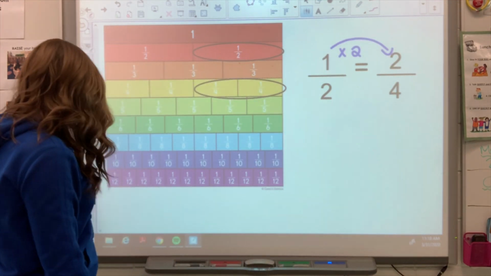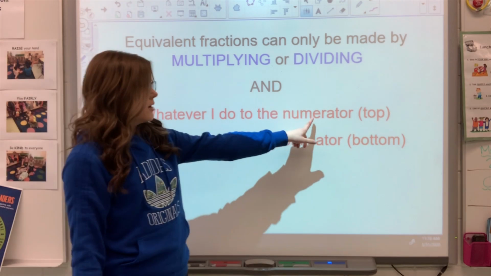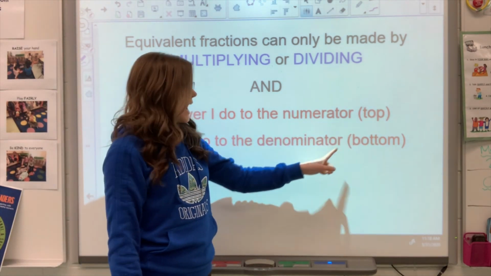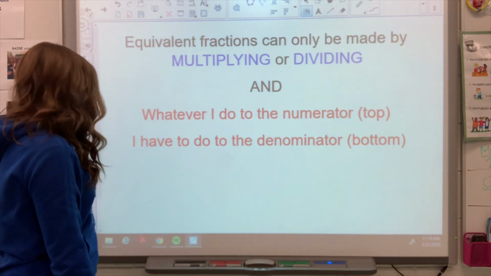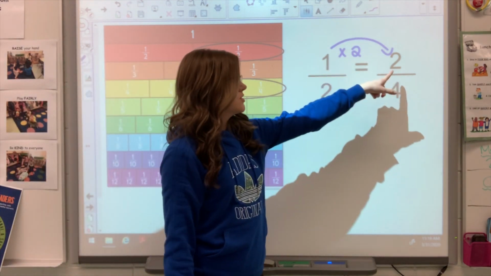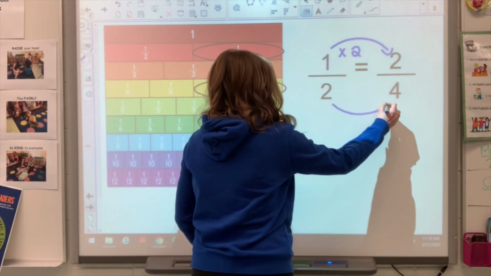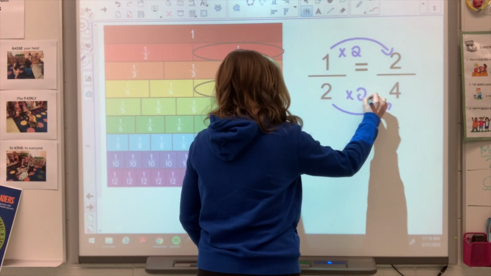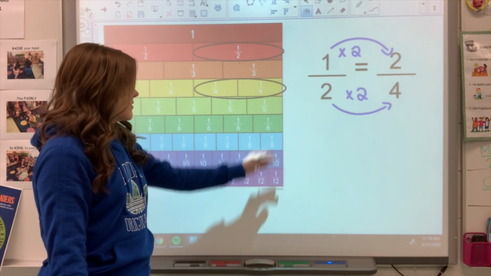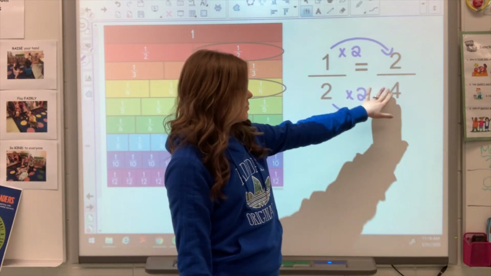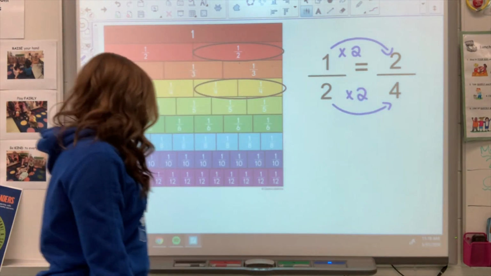Now, whatever we do to the numerator, the top number, we have to do to the bottom number. So we multiplied our numerator by 2, that means we have to multiply our denominator by 2 as well. And we know that 2 times 2 is 4. So that is how 1/2 is equal to 2/4.